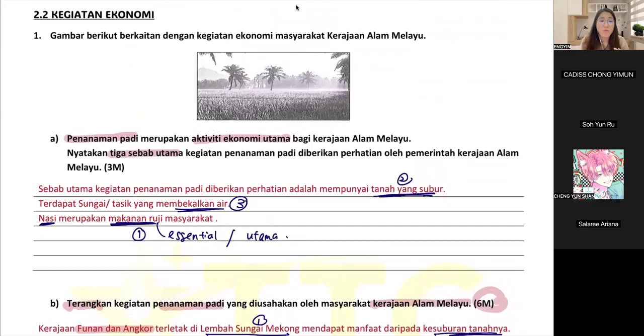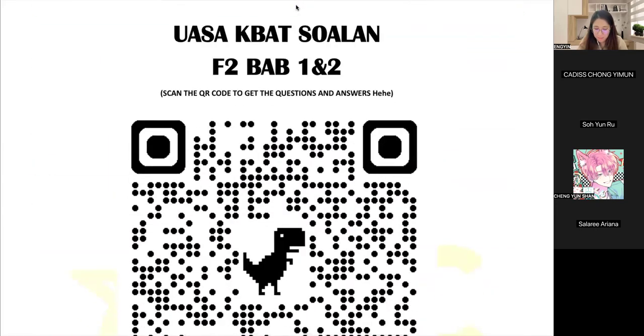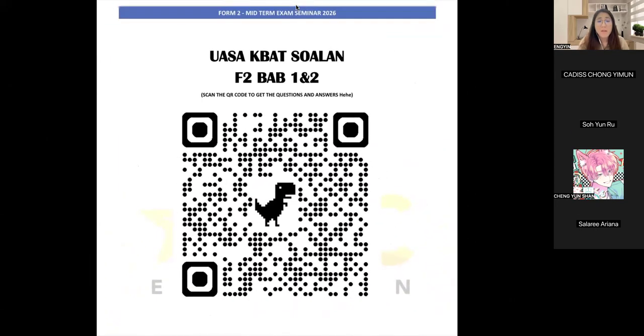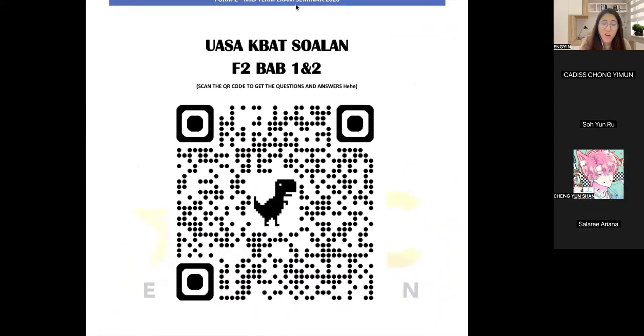So please try to do the exercises, okay? The answer will be posted in the website. And you can see the last page here. This is the kebat soalan. Everyone, please remember to protect the QR code. Don't kena the water, okay? So the kebat question and the answer I will post it here. Already posted lah. So you scan the QR code now, you can get it.